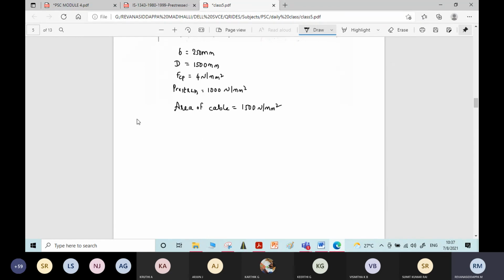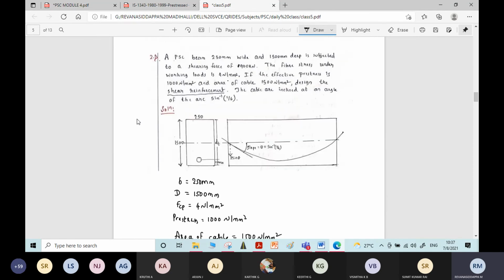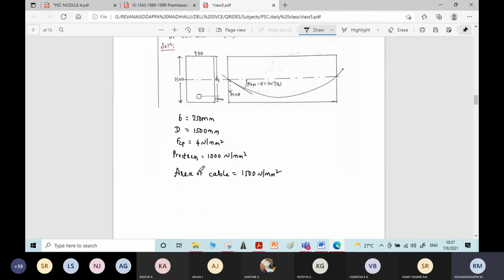If cover is not given, you have to assume. In case of design problems, few parameters will not be given. If any required data is not given, you need to assume and perform the design.